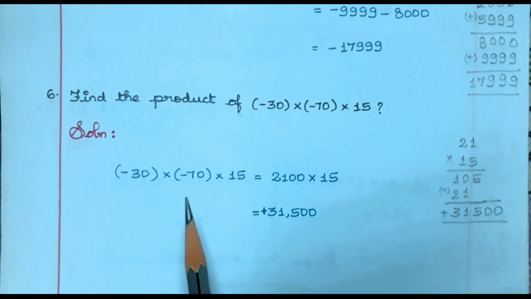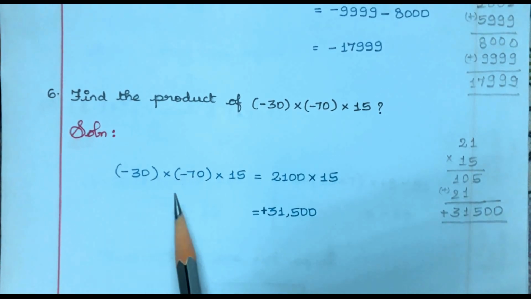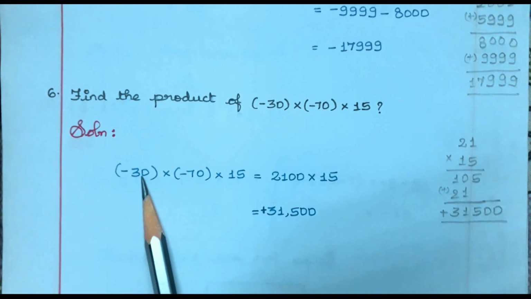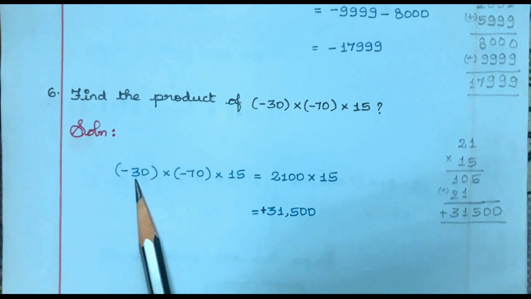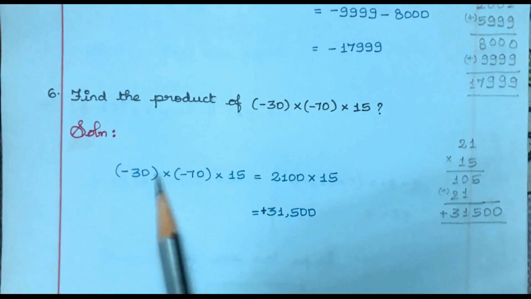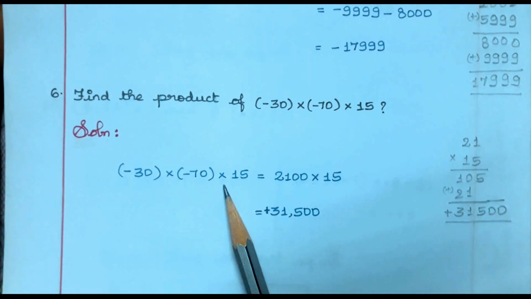Here we will be using simplification, taking the terms which seem very simple in multiplication first. So 30 and 70, they are in tens. So if zeros are there, leave them and multiply only the numbers. 3 into 7 is 21, and the 2 zeros stay as they are. Clear? Again we have 15.